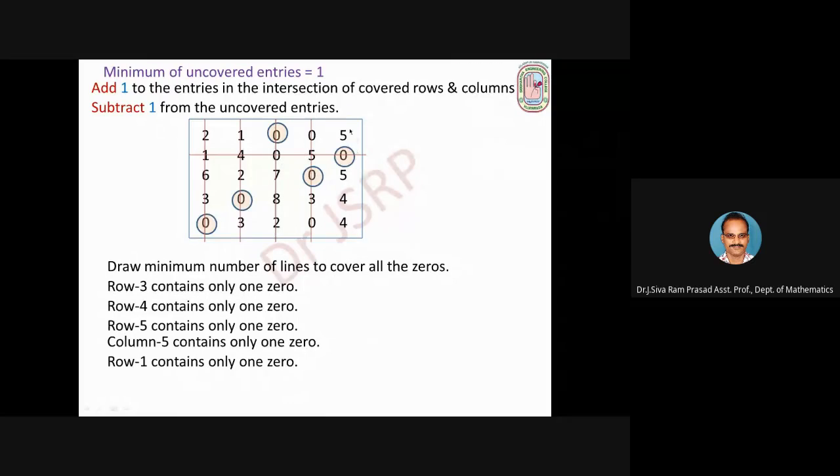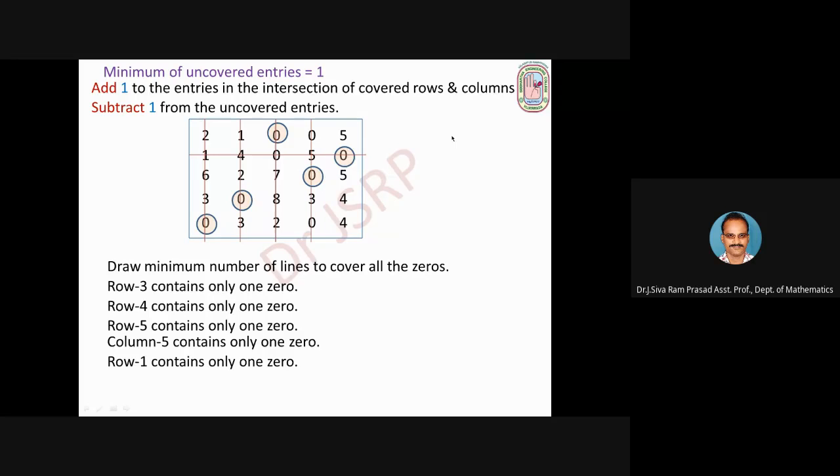Okay, now in the uncovered entries there is no 0. So now all zeros are covered by lines. Observe how many lines we have drawn: 1 horizontal line and 4 vertical lines. And there are 5 circled 0 entries.